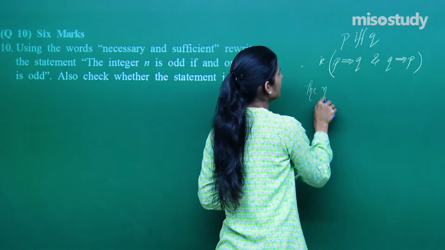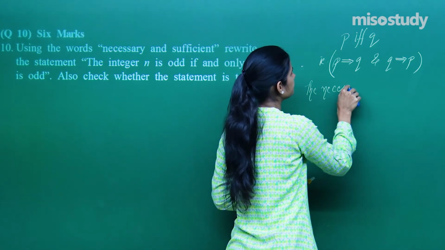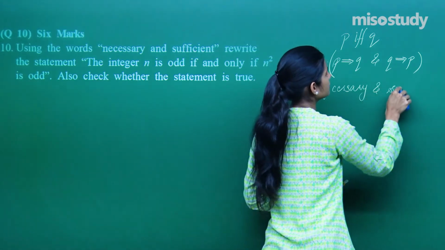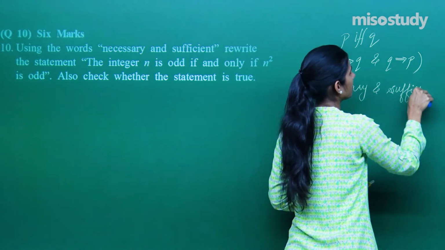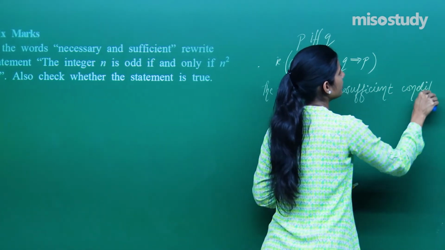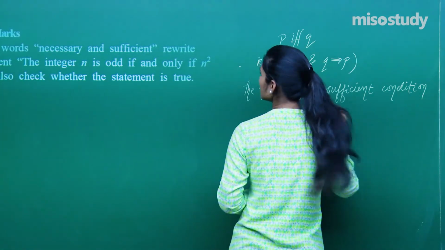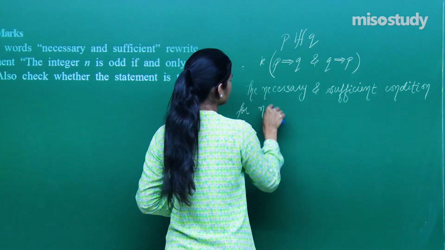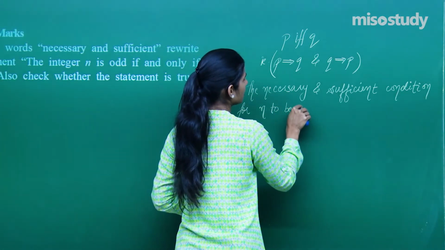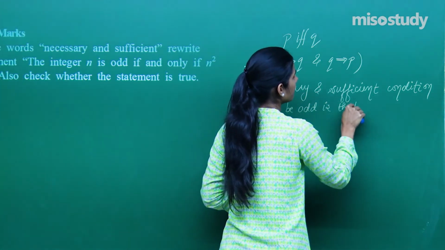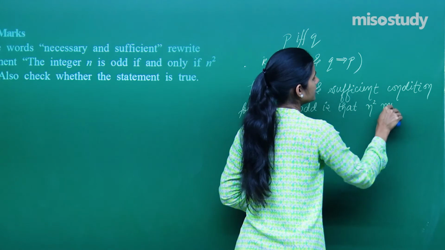I write the necessary and sufficient condition. The necessary and sufficient condition for n to be odd is that n square must be odd, isn't it?